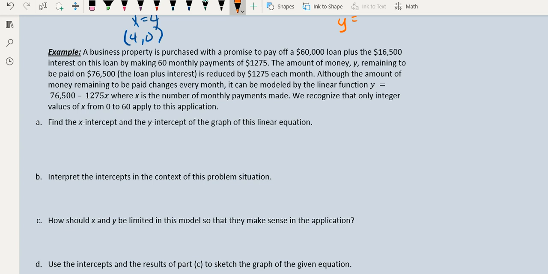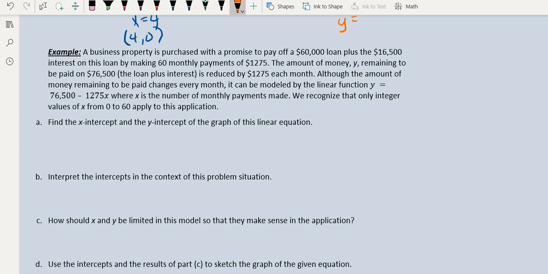The amount of money y remaining to be paid for the 76,500. You see what they did there? The loan plus interest is reduced by $1,275 each month.